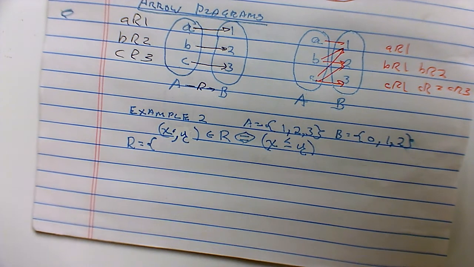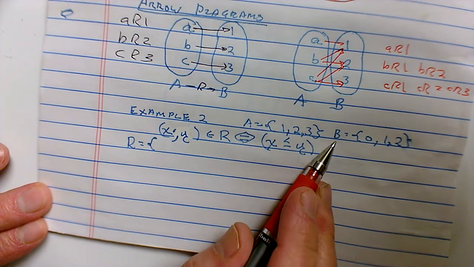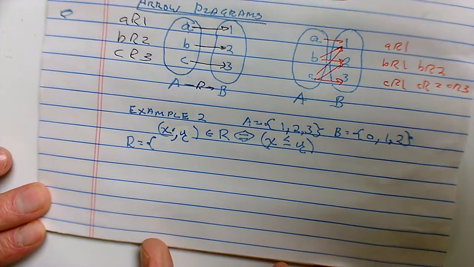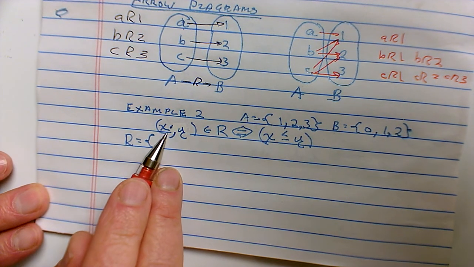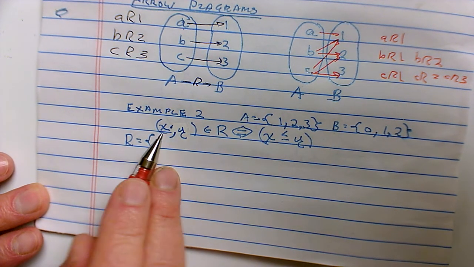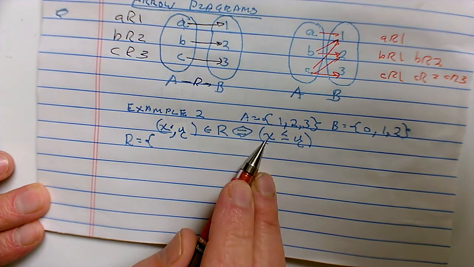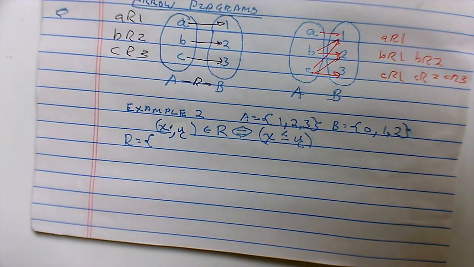Here's another example. I have a domain A with 1, 2, and 3, and a codomain B with 0, 1, and 2. And this time, I've written a rule here that says the ordered pairs (x, y) are elements of the relation if and only if the x value is less than or equal to the y value.